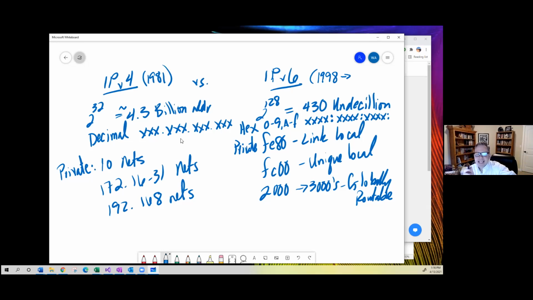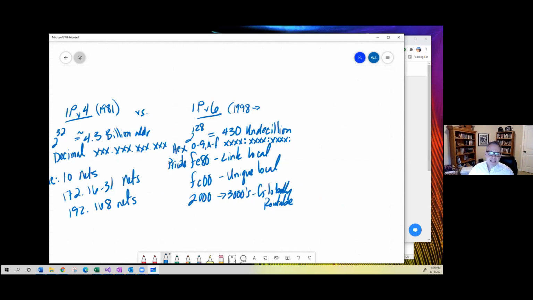So before, you had a decimal number with 3 digits and a period. Now you have hexadecimal, and in fact, it's much bigger than that, because this big long number is broken up. This part is your network prefix, and then you've got another set of 64 bits that goes out.